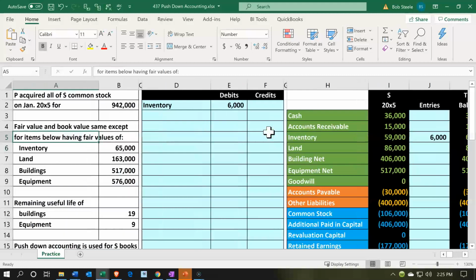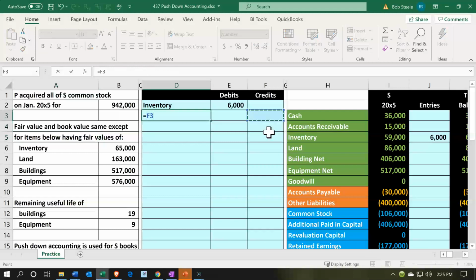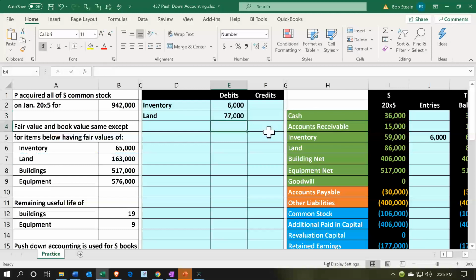Okay, and then I'm just going to do the same thing to the land here. I'm going to say we now think the fair value is higher, so it's the 163. It's on the books for the 86,000, so we're going to be increasing that 77,000. Then I'm going to assume that the building and the equipment are on the books at net, meaning cost minus accumulated depreciation here, just to simplify the problem.